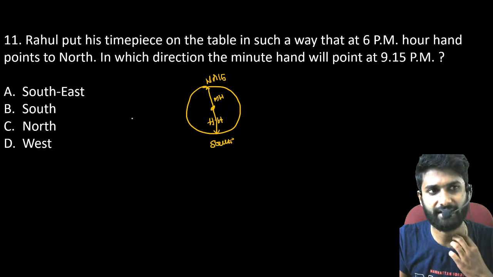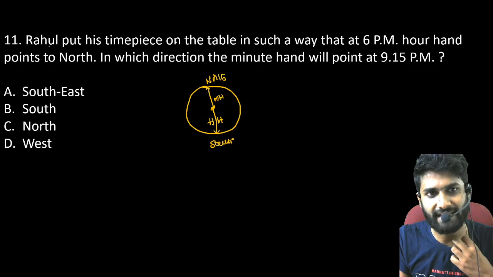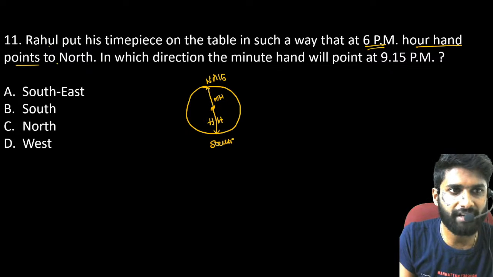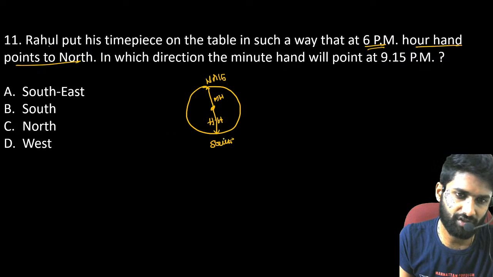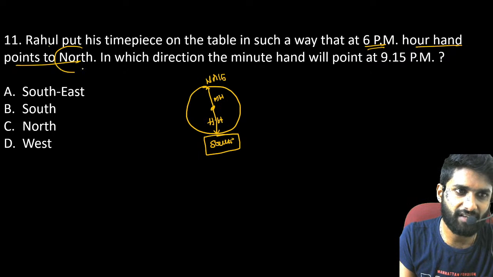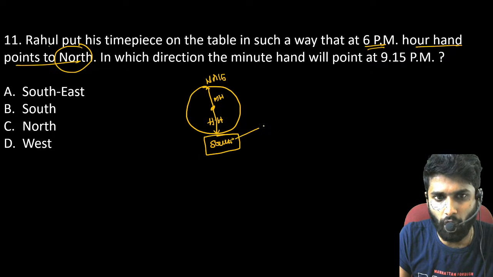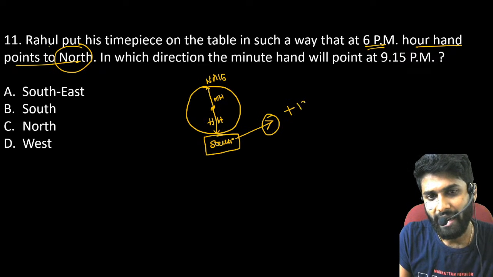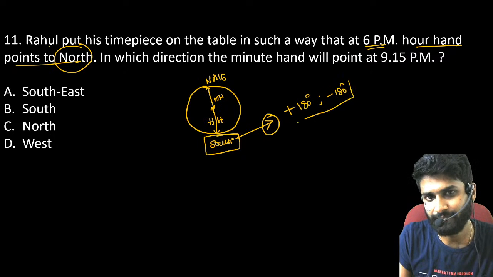But if you see the question, Rahul puts his timepiece on the table in such a way that at 6 p.m., the hour hand points north. See, originally the hour hand points south, but they have given north as the reference. It means the clock is showing a wrong angle, and that is exactly equal to either plus 180 degrees or minus 180 degrees. Clear?